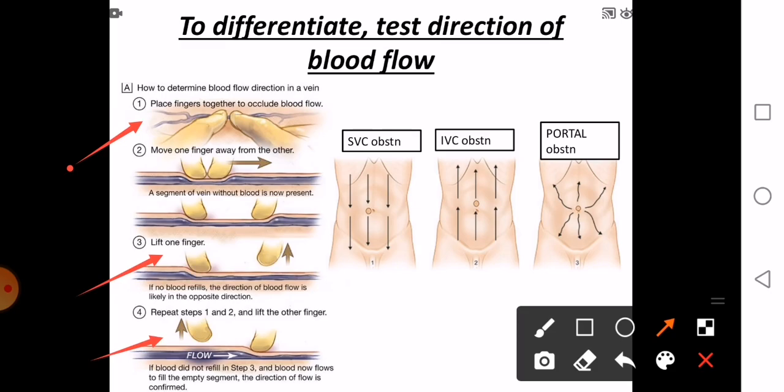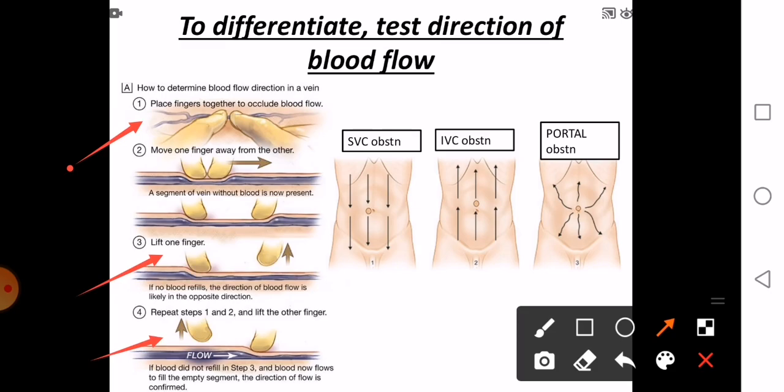So if there is SVC obstruction, all the veins will show filling from above downwards because the blood is flowing from the SVC to the IVC. In inferior vena caval obstruction, the blood flow will be in the reverse. That is, the veins will fill from below upwards because the blood is moving from the inferior vena cava into the superior vena cava.